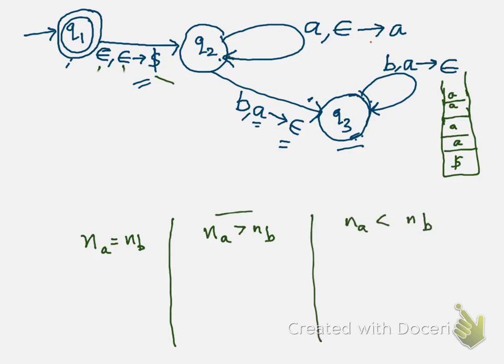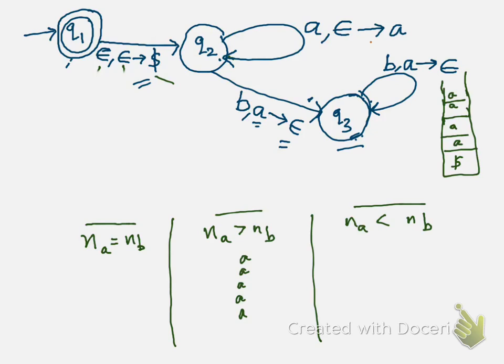In the latter two conditions, your string should be rejected, and in the first condition your string should be accepted. So what will happen in case your number of A's is greater than number of B's? We have basically pushed all the A's here, so there are more A's than B's, right?